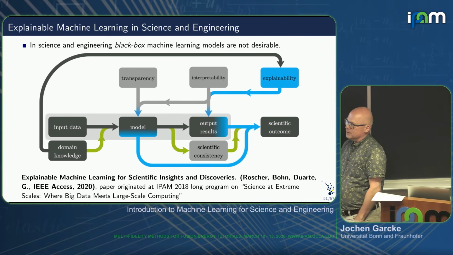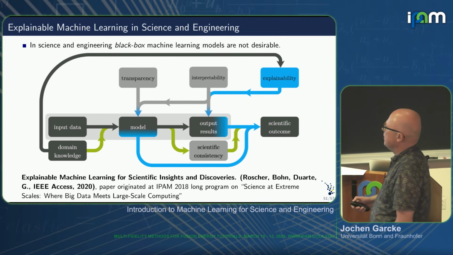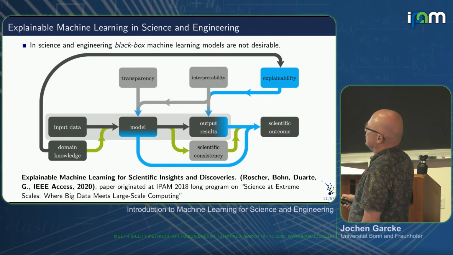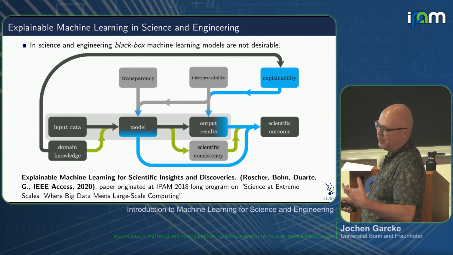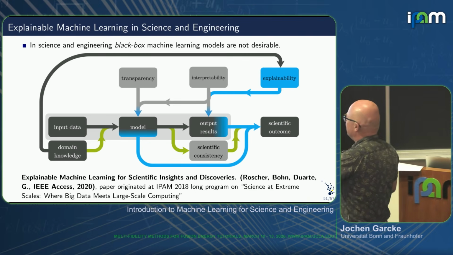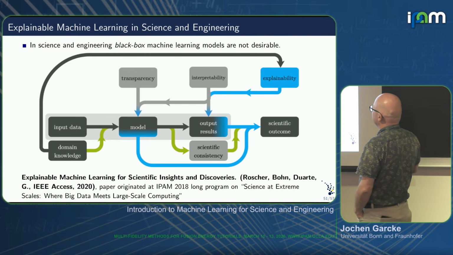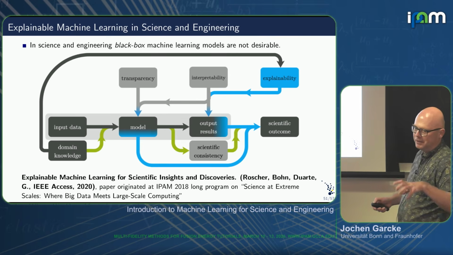And the final topic is explainable machine learning. It's not like explainable machine learning is well defined, so everybody means slightly different things by it. We have talked about three different aspects: transparency, interpretability, and explainability.